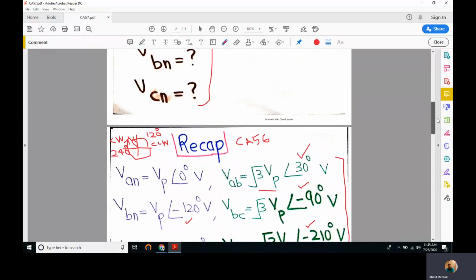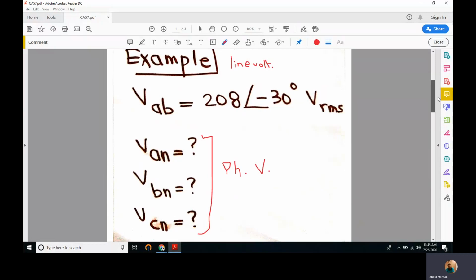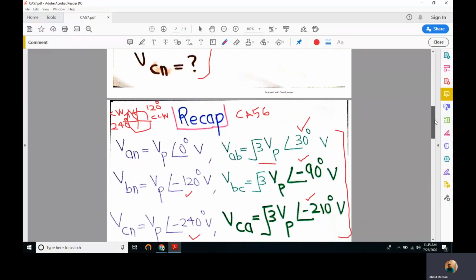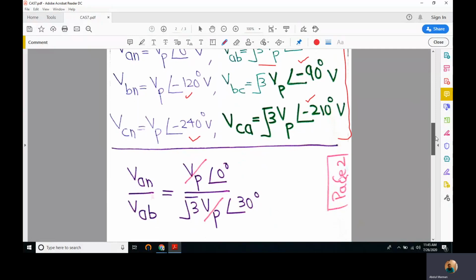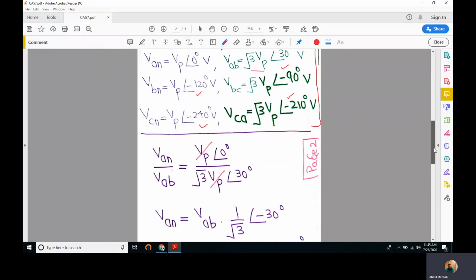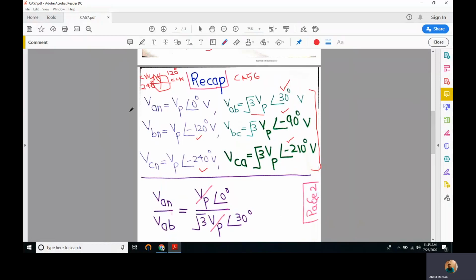Right. So let's move on to the problem where we are given this line voltage VAB, and we have to find the set of three phase voltages. Let's divide VAN, the first phase voltage that we wrote here, by this first line voltage, VAN divided by VAB.